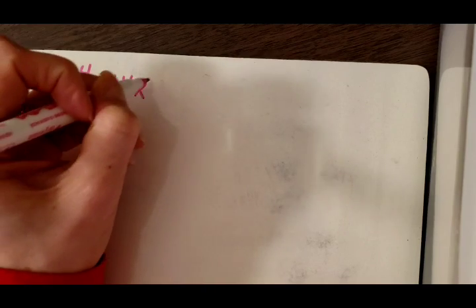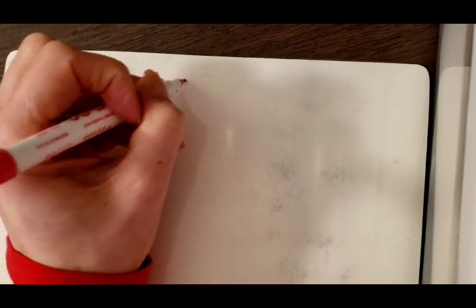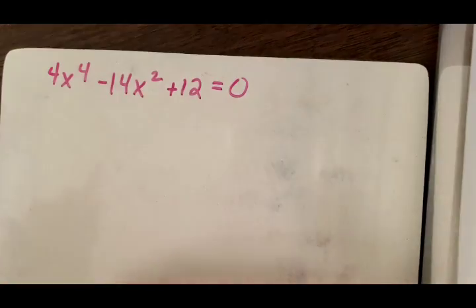Let's try number, let's see here. Let's actually do 44. 4x to the 4th minus 14x squared plus 12 equals 0.